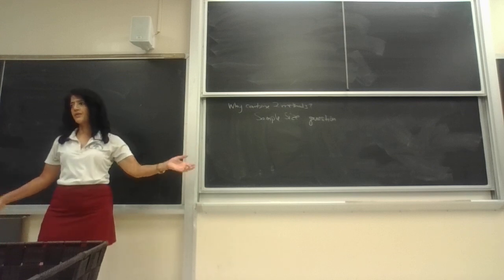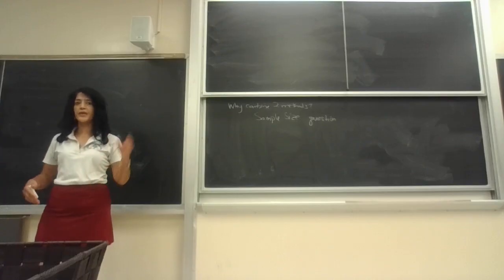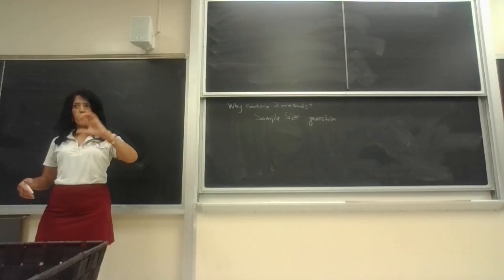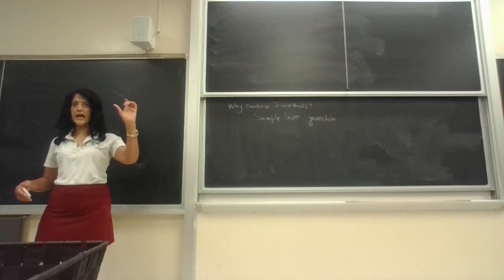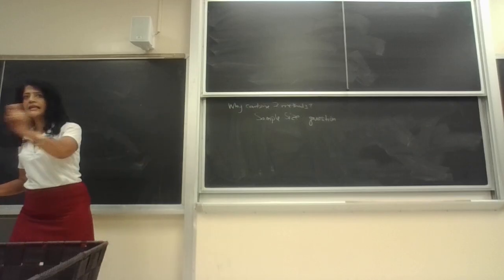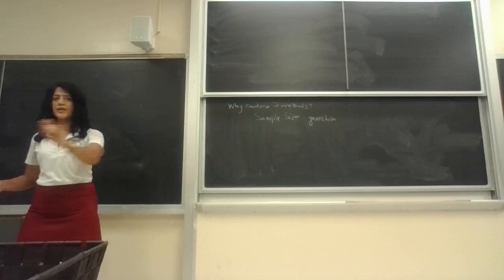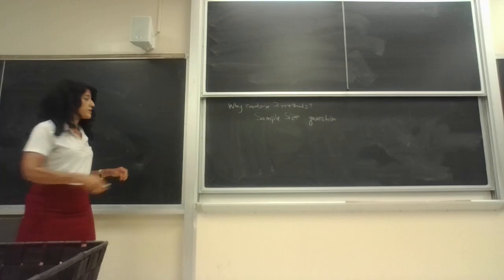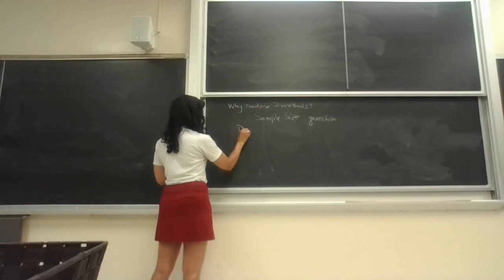So the sample size question falls into this OR category. In OR, there's one part of it that I think of as a slider. I can slide this amount back and forth and ask questions about what's best. So the slider is called the decision model.